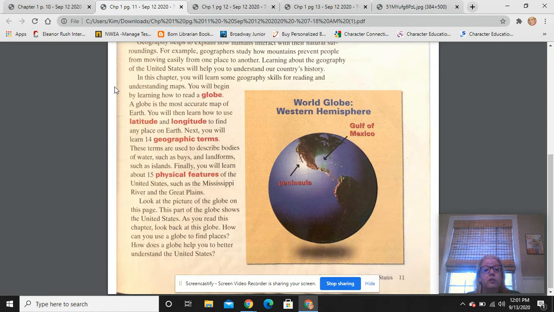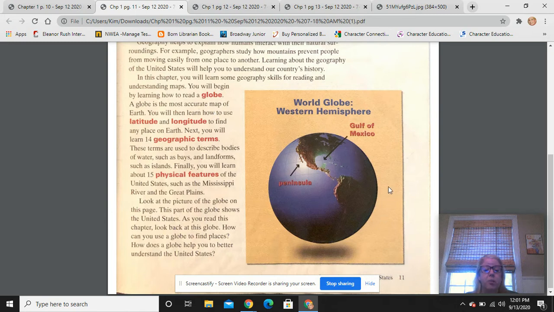Next, you will learn 14 geographic terms. These terms are used to describe bodies of water, such as bays, and landforms, such as islands. Finally, you will learn about 15 physical features of the United States, such as the Mississippi River and the Great Plains.